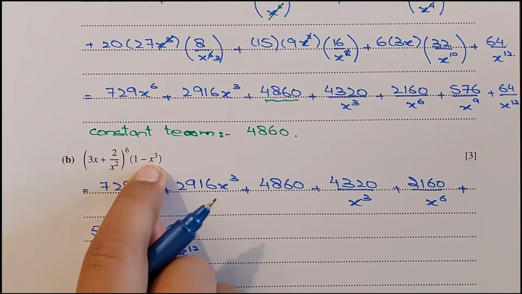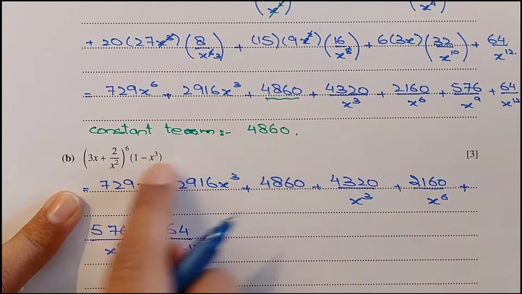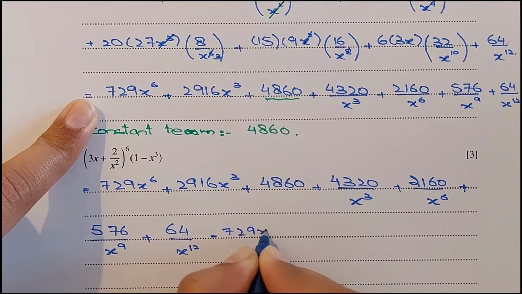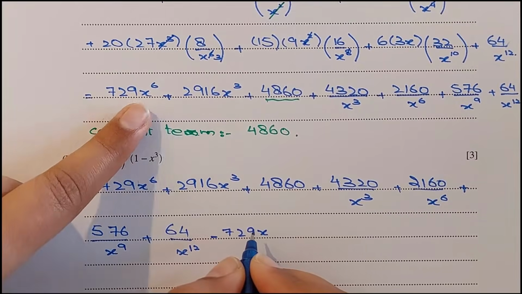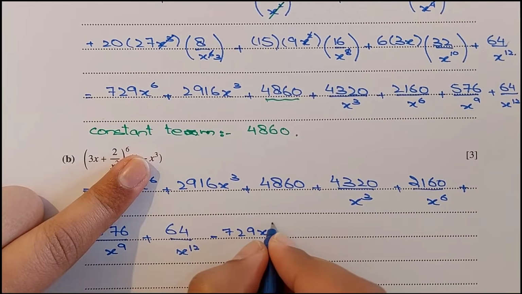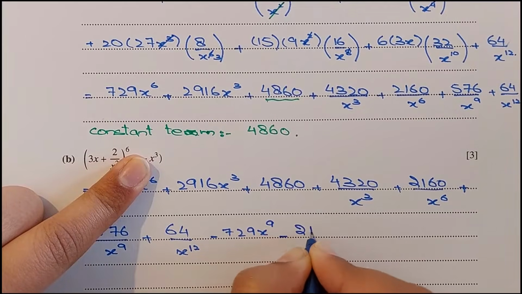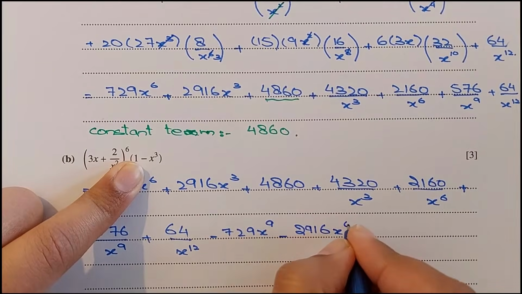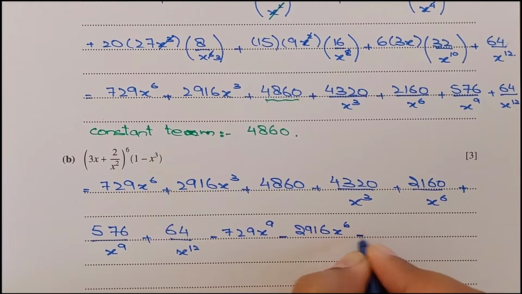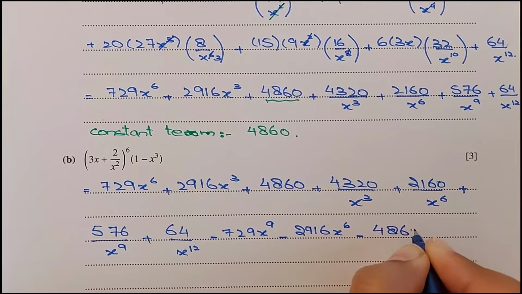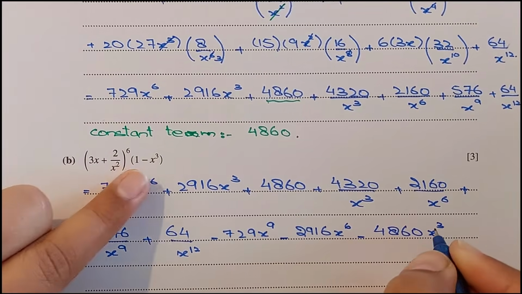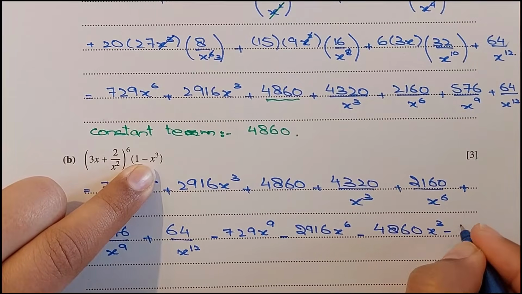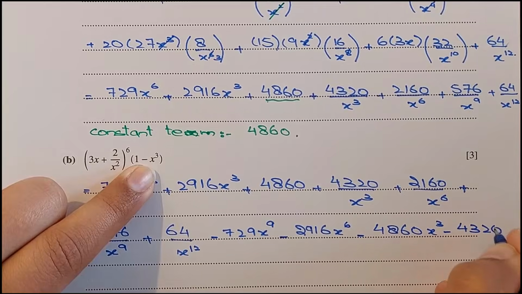So I multiplied by 1. Now let me multiply by minus x cube, so all the terms become negative. Minus 729 x power 6 times x power 3: when the bases are the same, we add the powers, 6 plus 3 is 9. Minus 2916 x power 3 times x power 3 gives x power 6. Minus 4860 x power 3. Then x power 3 and x power 3 cancel, so we get the constant term from here: minus 4320.